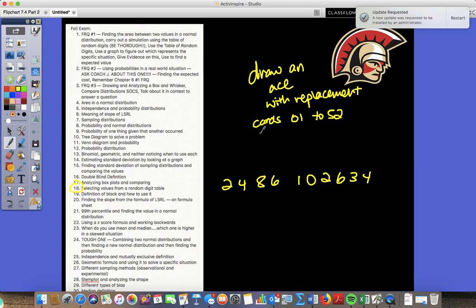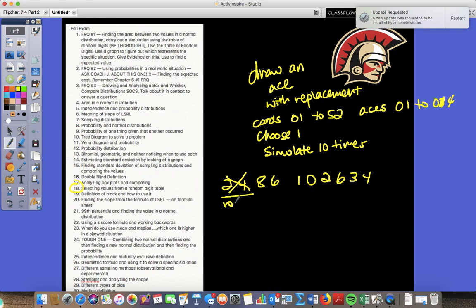We would choose, with replacement, I would choose 1. And let's say at the beginning they said to simulate 10 times, okay? So I would start with this one, and when I label the cards 01 to 52, aces would be 01 to 04. So then we would go to 24. This would not be an ace, because it's not between 01 and 04.